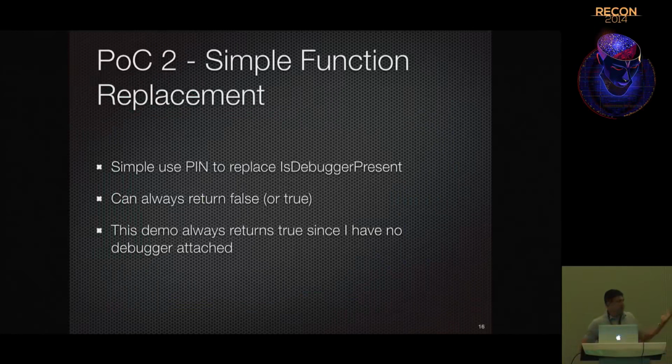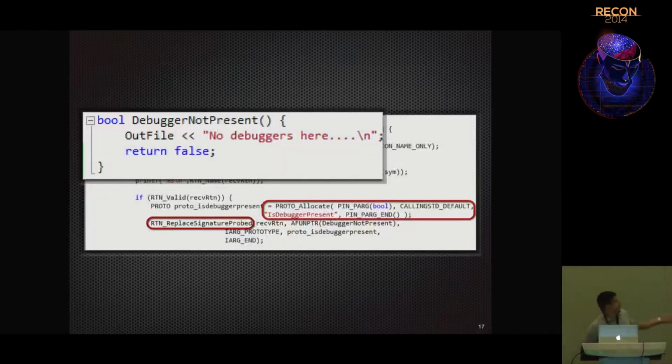The second thing I started doing was function replacement. The stupid malware trick that is easily bypassable is IsDebuggerPresent. You can set it to just return false or true, whichever you want. For the purposes of my demo, I ended up returning true because I was running my little test program without a debugger. Here you see my replacement function, debugger not present.